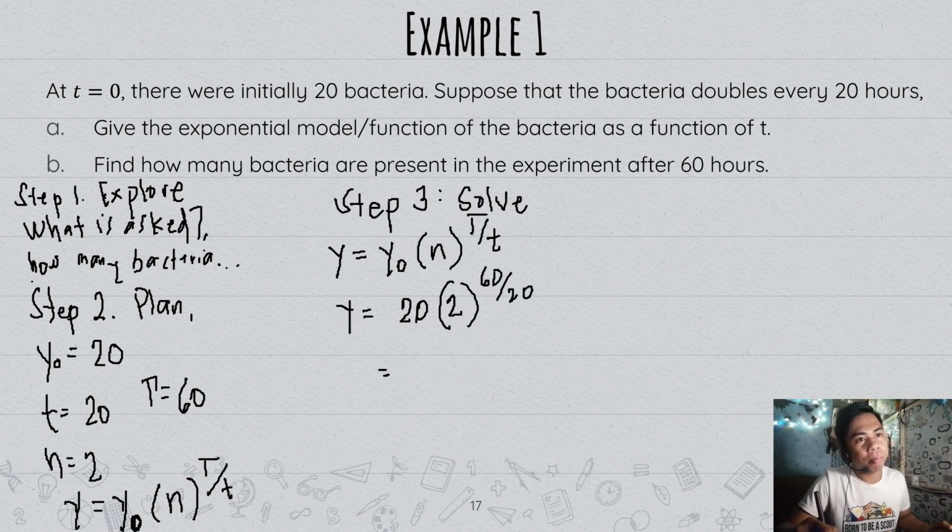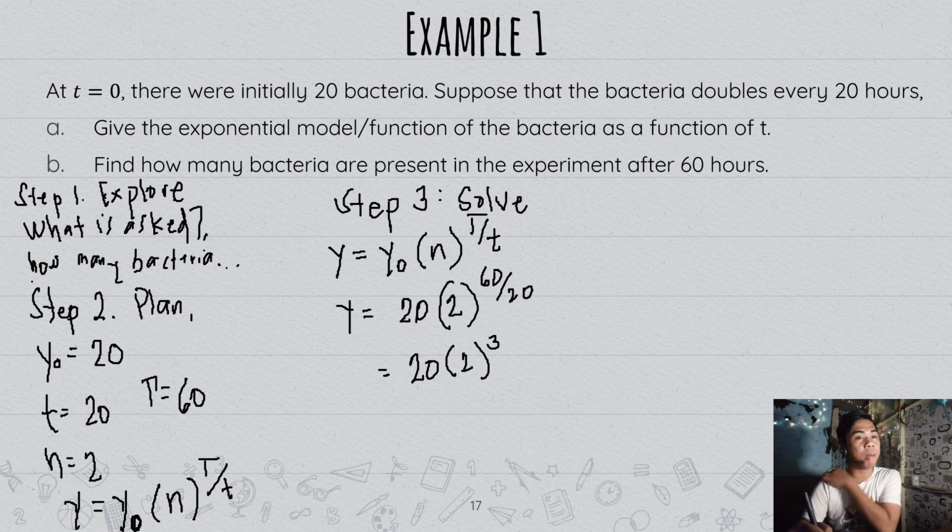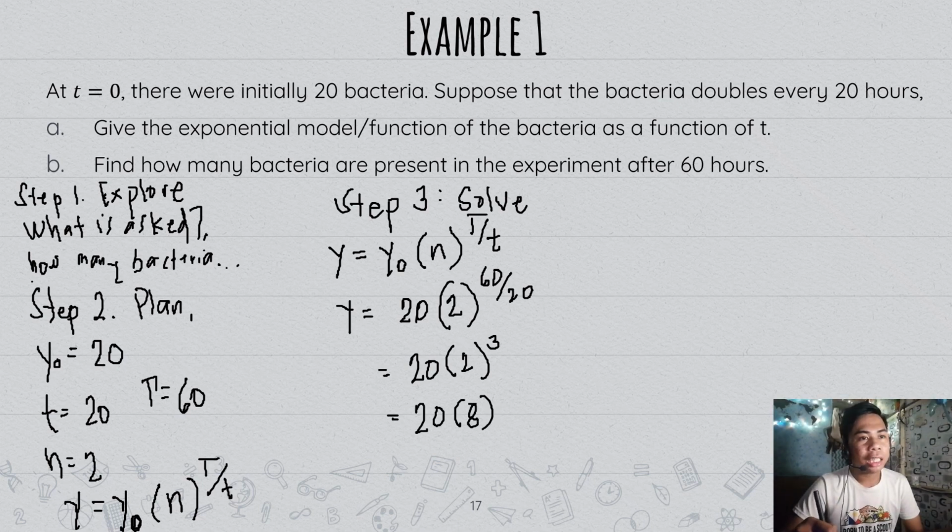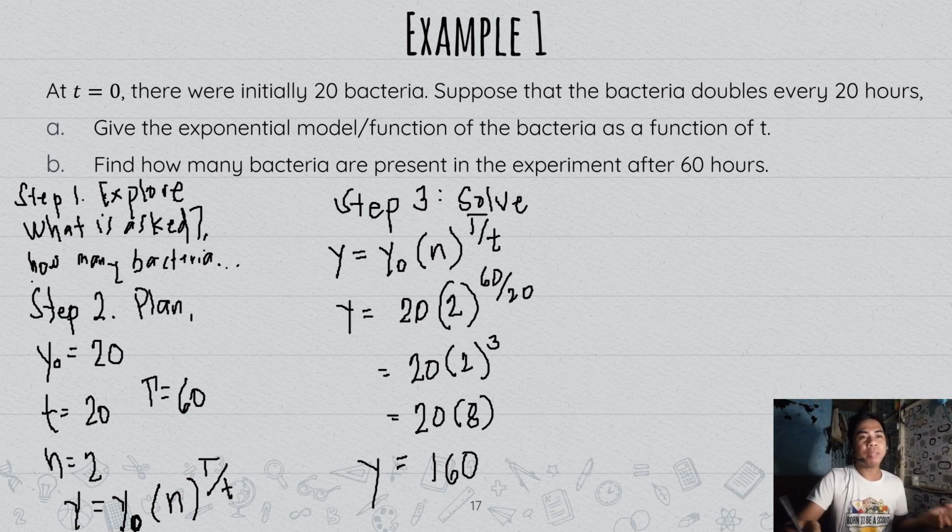That would become 20 times 2 raised to 3, because 60 divided by 20 becomes 3, right? And then 2 raised to 3 is 8, and 20 times 8 would become 160. So that would be our step 3.